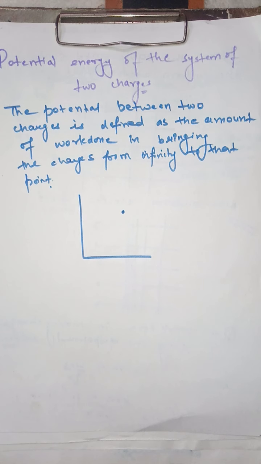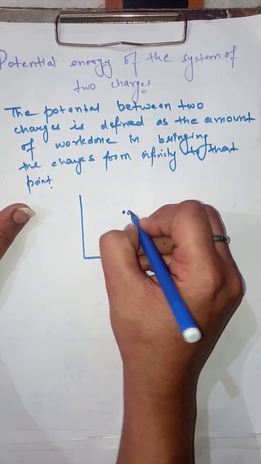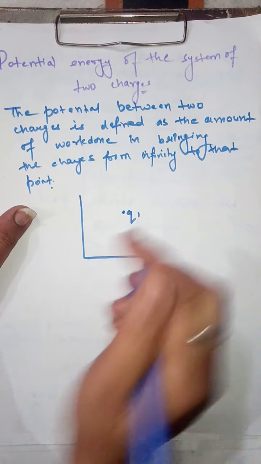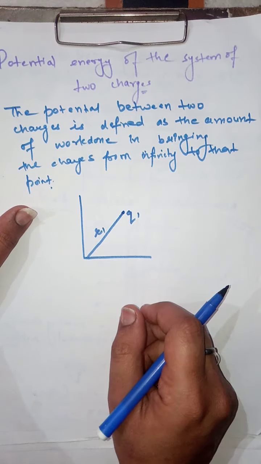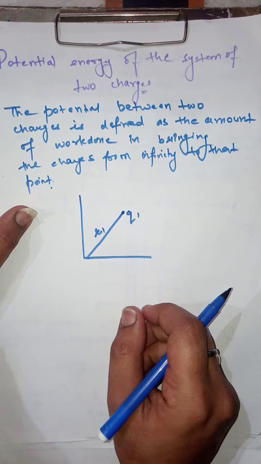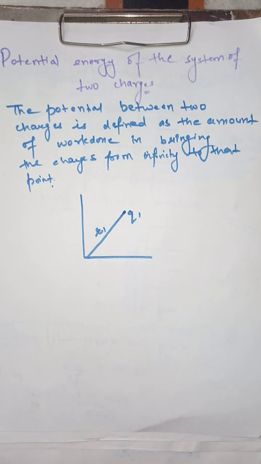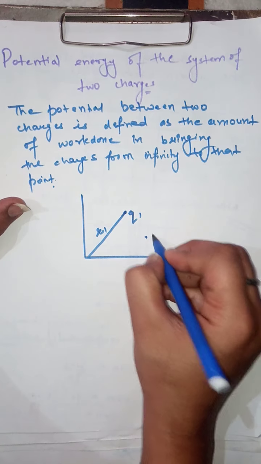Also in this article I have considered that suppose we have brought a charge q1 from infinity to this point which is present at the distance r1, from the origin of our Cartesian system. So what is the potential of charge q1, say at some point P?